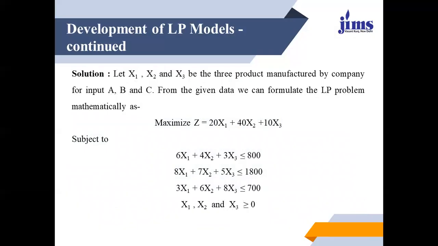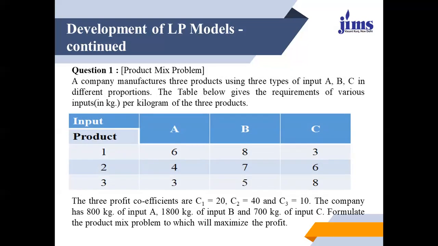So we say that let X1, X2, X3 be the products manufactured by the company from inputs A, B, and C. So here product 1 is manufactured in X1 quantity, product 2 in X2 quantity, and product 3 in X3 quantity.